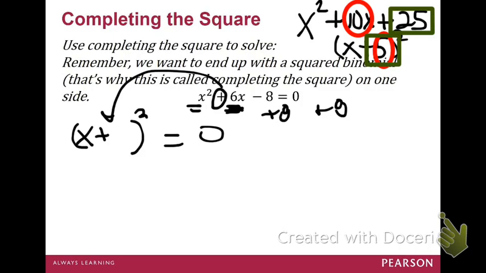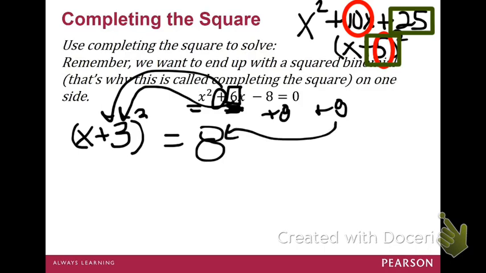Let's go back to our example. What did we do to this 10 to get that 5? We cut it in half. So let's take our B term, our 6 here, and split it in half, and you get a 3. Okay? I had to bring my 8 down when I added it to 0 to both sides.